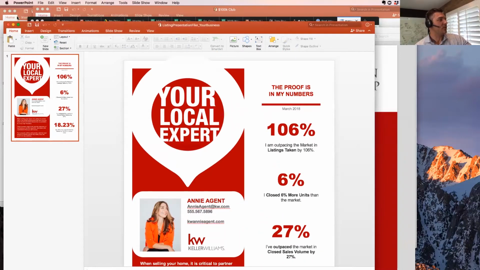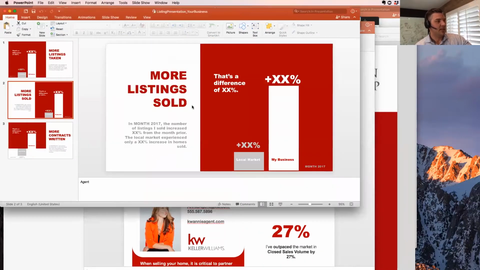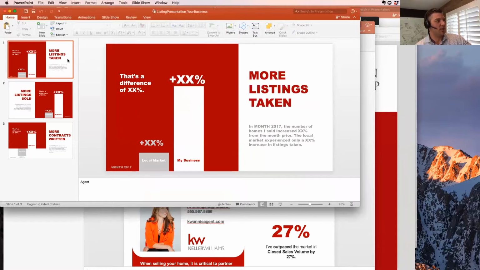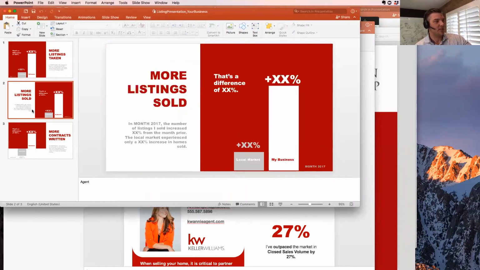The other one that is really easy for them to see is a graph just like this. More listings taken, more listings sold, and it shows our percentage against the market. Now again, this one is the template that is available to you in your MyKW or your KW Connect. And we give you the stats every single month.